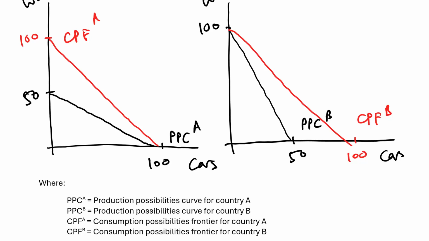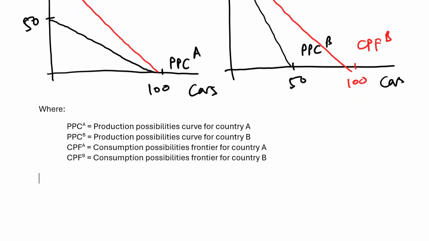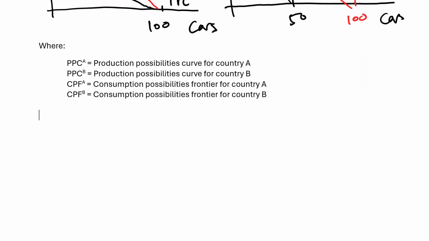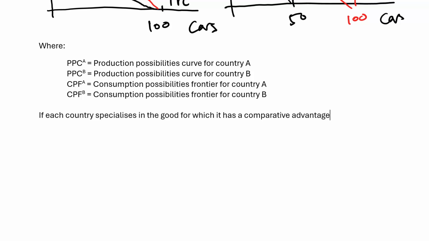Okay, so next we're going to have a tiny bit of exposition to explain these two diagrams. If each country specializes in the good for which it has a comparative advantage, total production increases, leading to gains from trade.